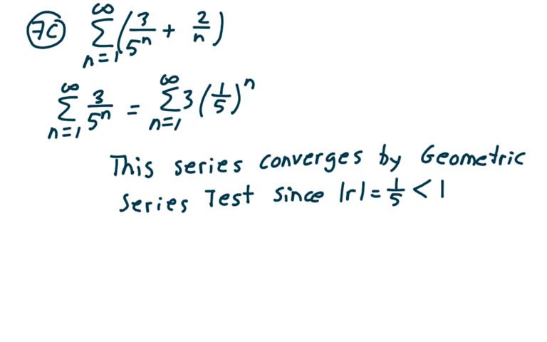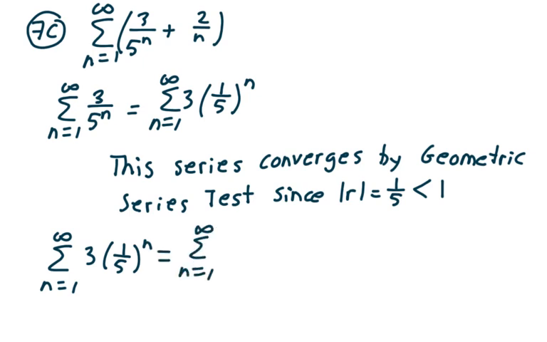This series converges by the geometric series test because the absolute value of r is equal to 1/5, and 1/5 is less than 1. And by the way, this is the summation of 3/5, pulling out a 1/5, times (1/5) to the n minus 1.